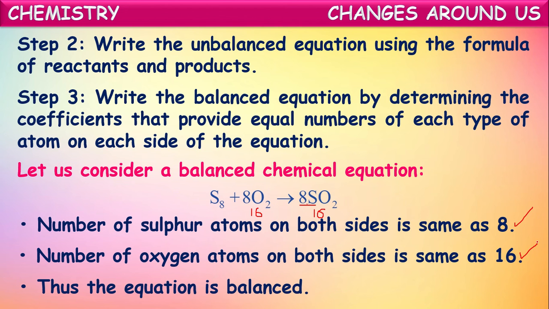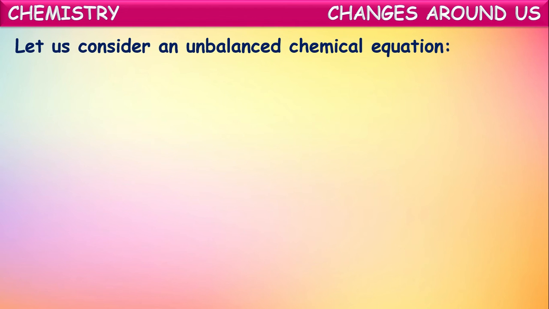Now let us consider one unbalanced equation. Observe this equation. Nitrogen and hydrogen are combining to form ammonia. Is it a balanced equation? How do we say that it is balanced or unbalanced? If the number of atoms of all the elements are equal on both the sides of the equation, then it is said to be balanced. If you observe here, the number of atoms of nitrogen on the left hand side is 2.